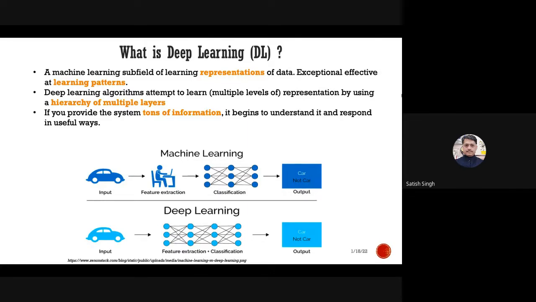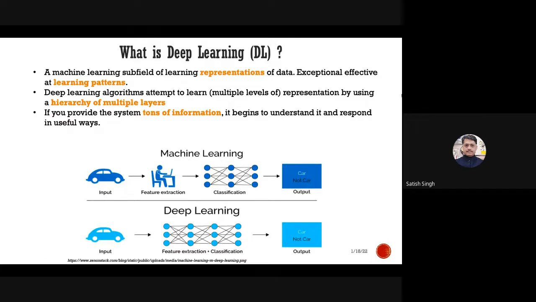For a model to behave as a deep learning model, hierarchical representation is necessary, because deep learning is somehow related to the human brain. Human brains are very deep. Okay, so human brains behave in a hierarchical manner.